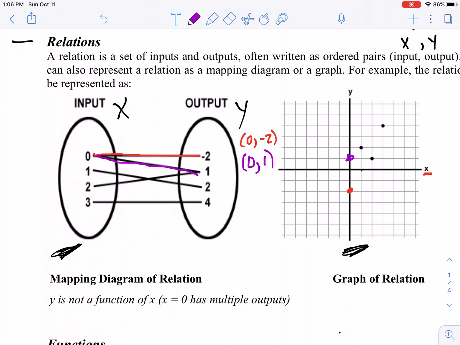Then also we have 1 going to 2. So the input X is mapped to the output Y, 2. So then we have the point 1, 2. Well, that would go out 1 on the X and up 2 on the Y, so we'd end up here, right? So this guy right there, that would be 1, 2.